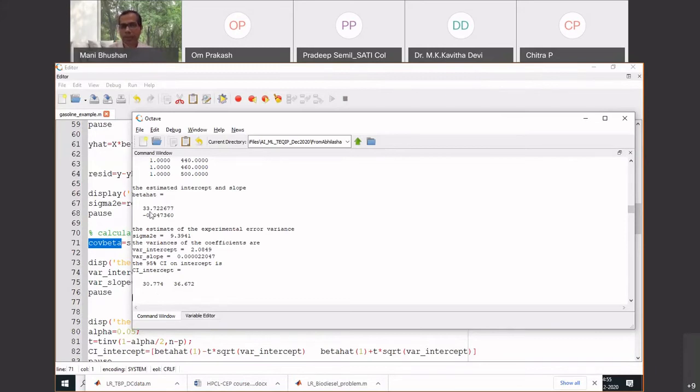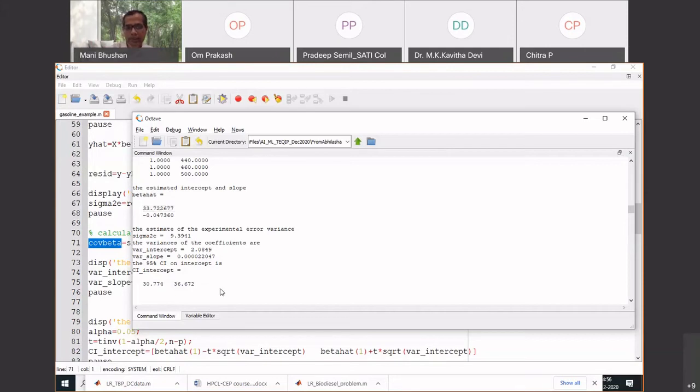The point estimate is 33.722 and you are 95% sure that the true intercept is in this range, 30.77 to 36.67. Okay, the smaller the interval, the more accurately you have estimated the truth. This point estimate is an accurate estimate if your interval is small in width.